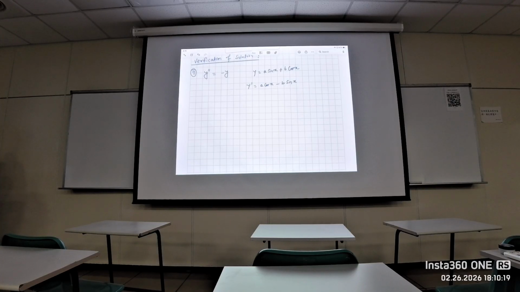Then what is my y double dash? Because we have to find out the derivative of y dash. Yes or no? What is the derivative of y dash? That means we have to find out the derivative of this particular one.